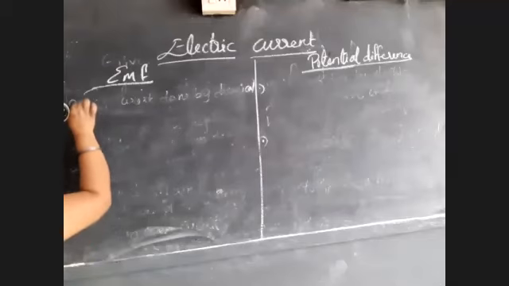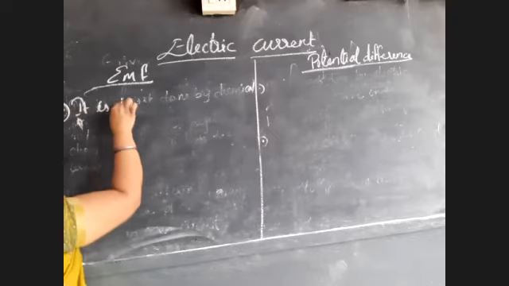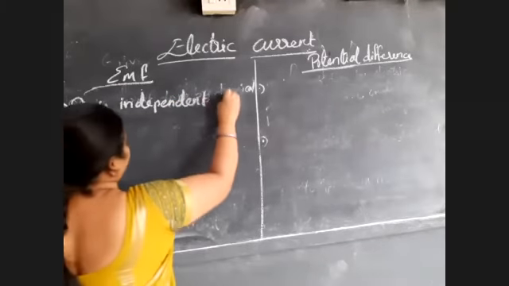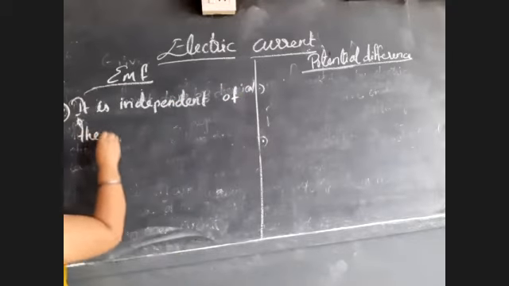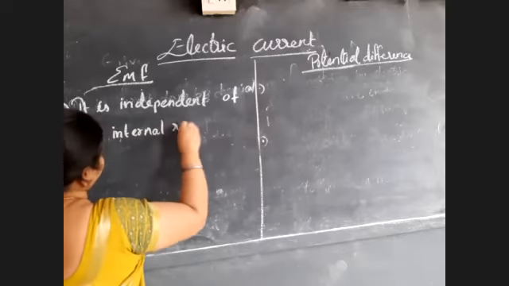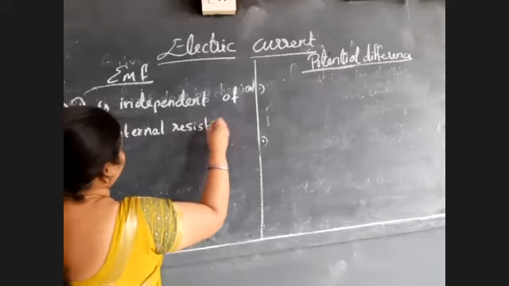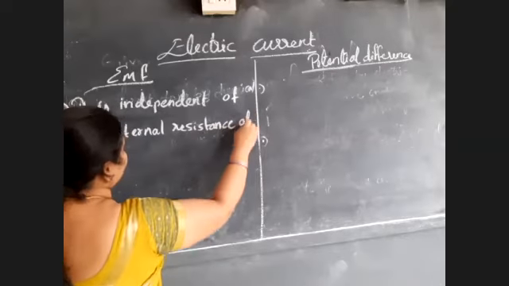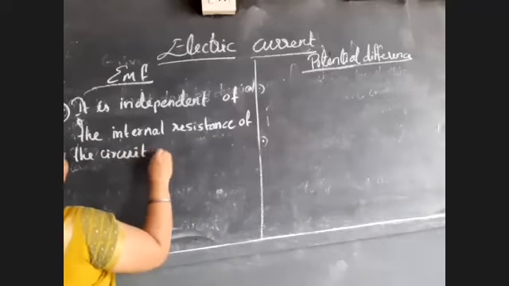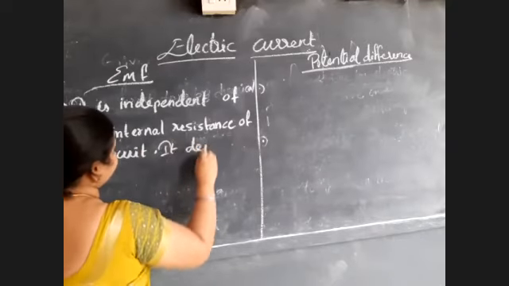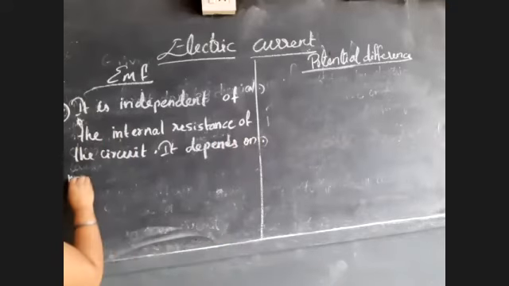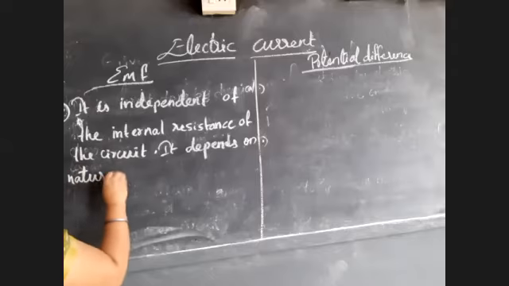So EMF is independent of the internal resistance of the circuit. It depends upon nature of the material and electrolyte.